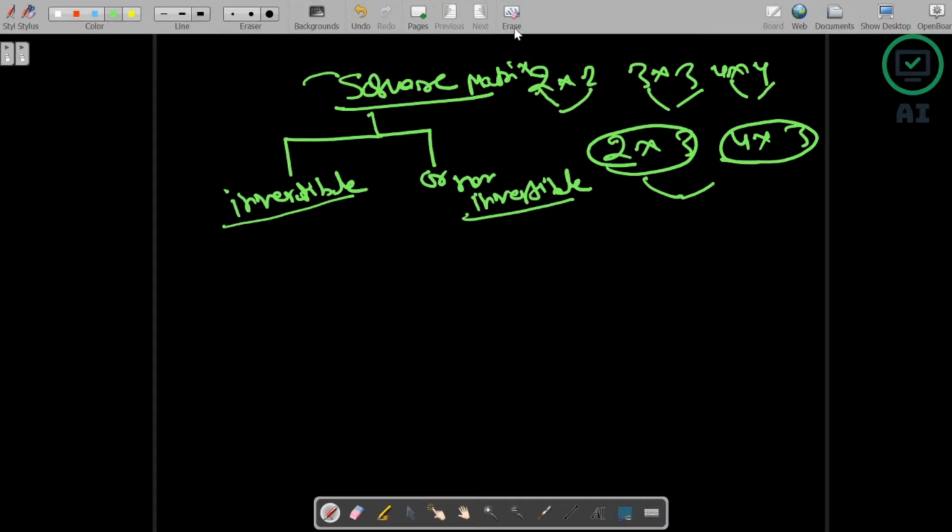So let's see one example and properties of that, whether the square matrix is invertible or not.